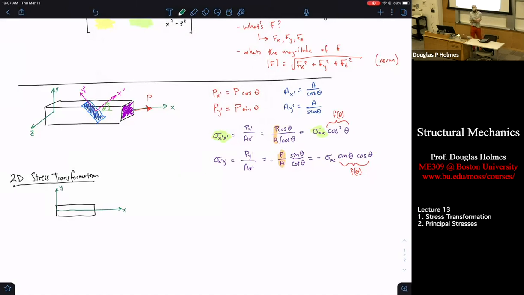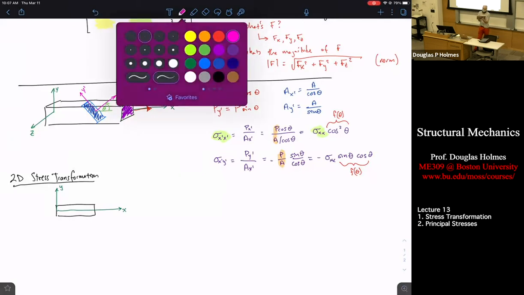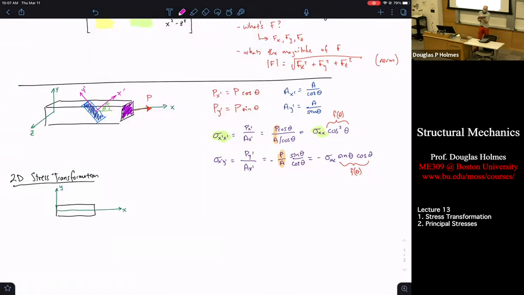If you would like to know stress at a different angle, you have two options. One is you can rotate the coordinate system by some angle theta. This is the one that we care about. This is the one that we're always going to do.